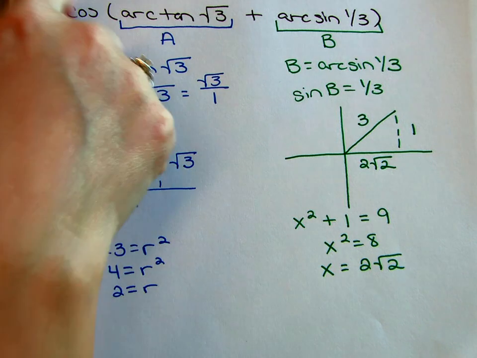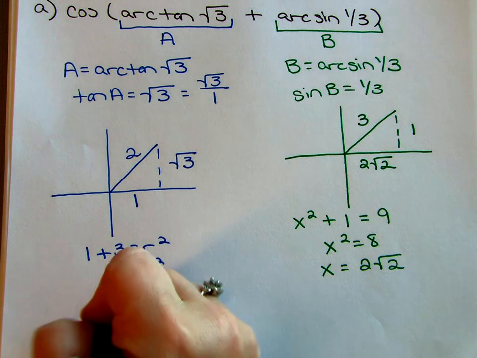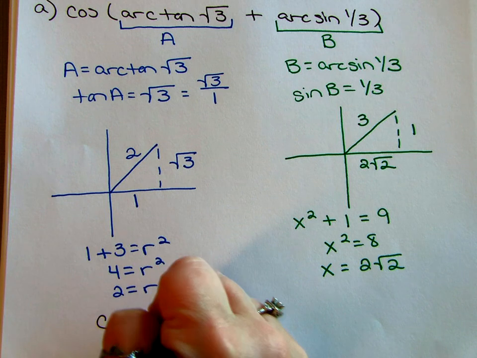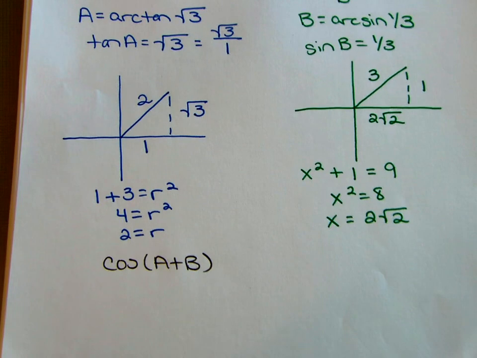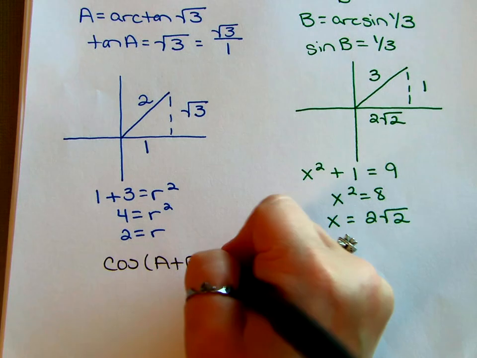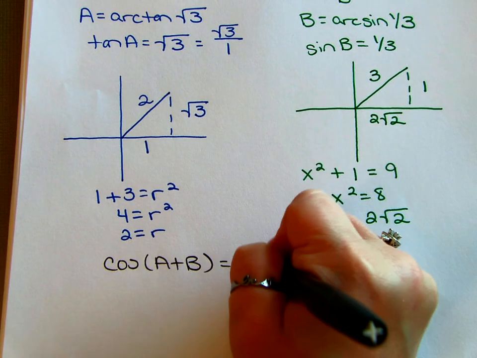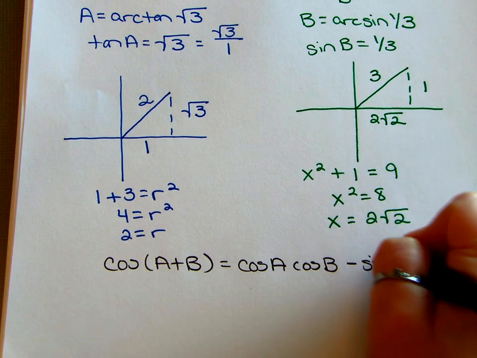Since we're letting all of the arctangent stuff be A and all of the arcsine stuff be B, we have cosine of A plus B. From the last chapter, cosine of A plus B is our cosine of sums, which states that we have cosine A cosine B minus sine A sine B.